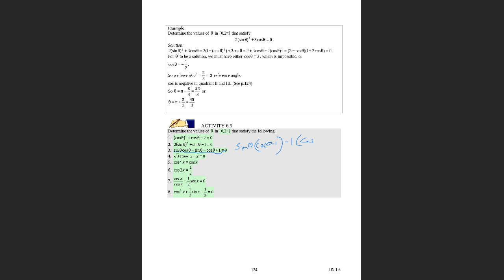Good. So we can get cos theta equals 1 and sine theta equals 1.